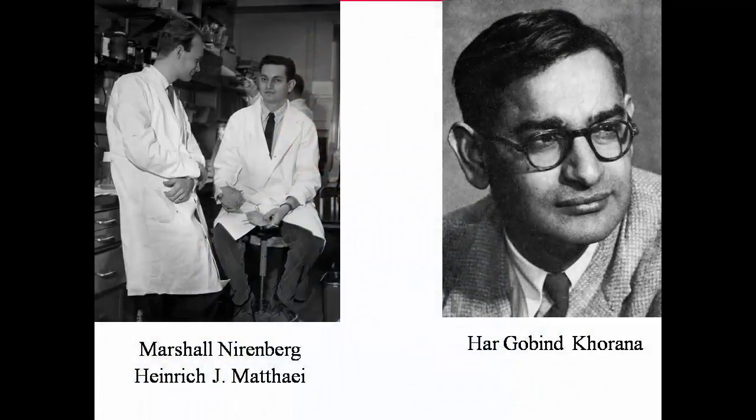Well, let's take a look at this graph. The picture of Marshall Nirenberg, Matthaei, and Khorana here. And what Nirenberg and Matthaei did was they said, okay, how are we going to figure out what these bases code for? They realized that they came in bases of three.